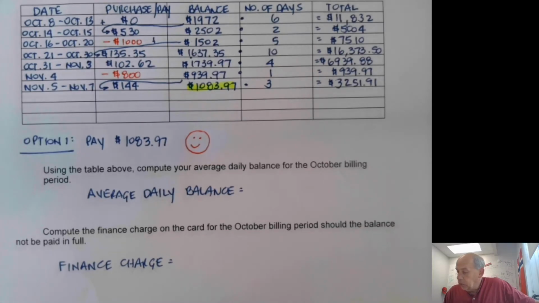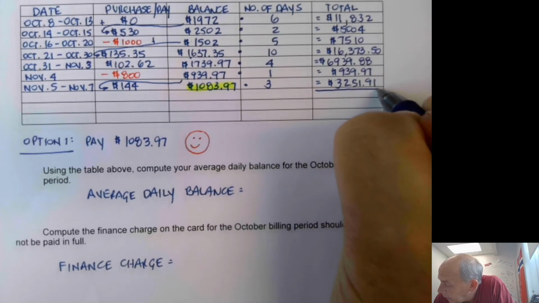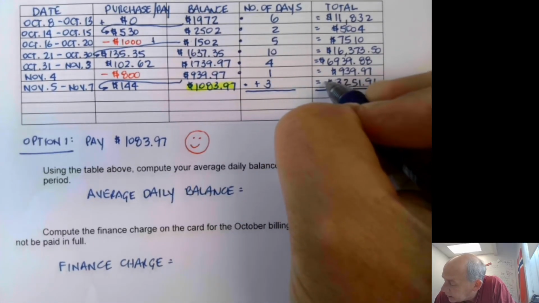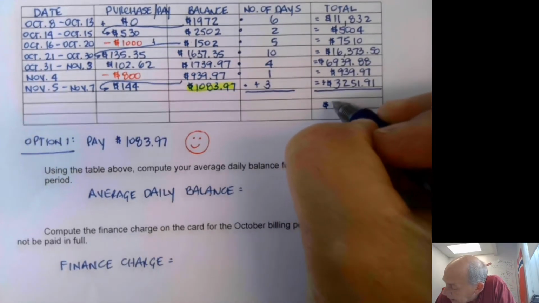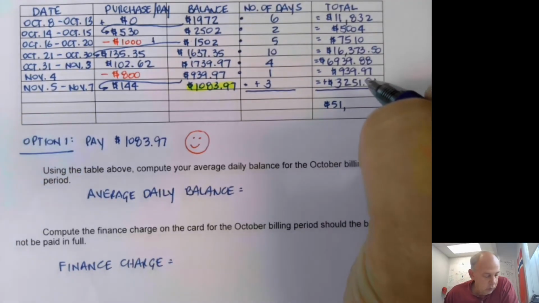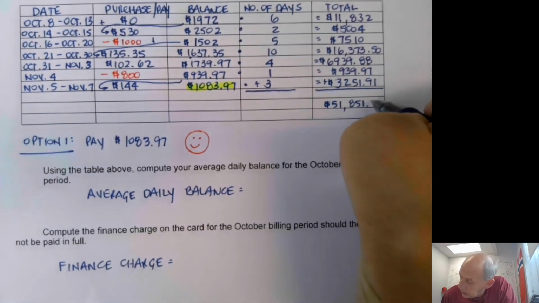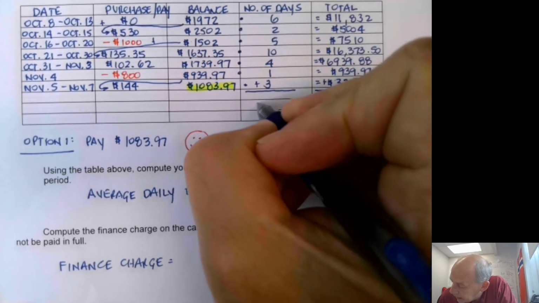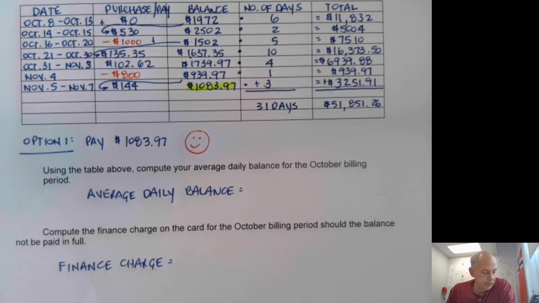So what I'm going to do is add up that column and this column, the number of days and the total amount. So I'm going to add up this last column, $51,851.26, and then I'm going to add up the number of days, that column there.